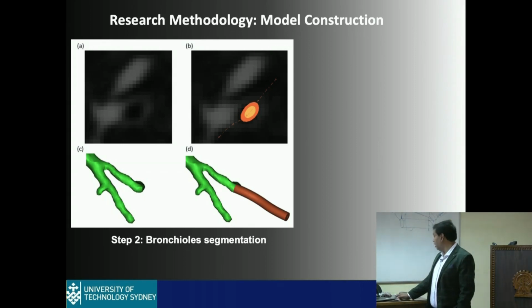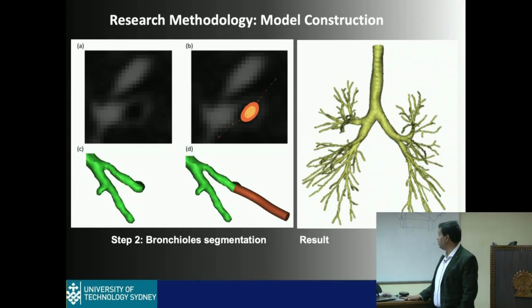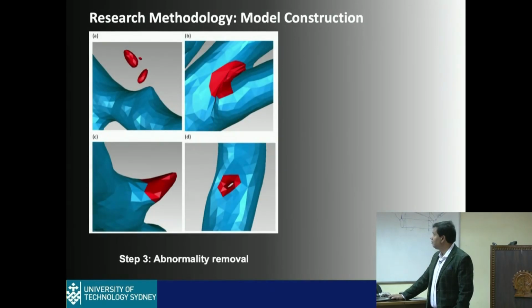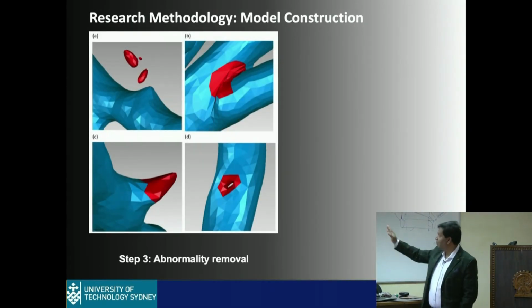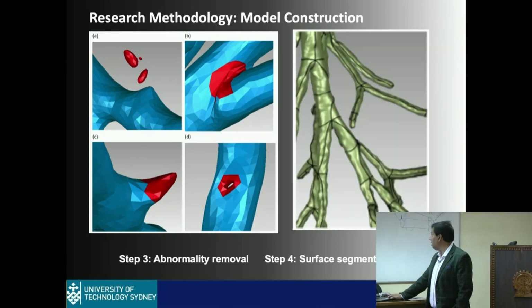Then this is the geometry we got at the end. Still, the outlets of all the airways are closed. Also there are some holes on the surface, so we have to fix those as well, and everything we have to do manually. Then we get the surface segmentation like this.